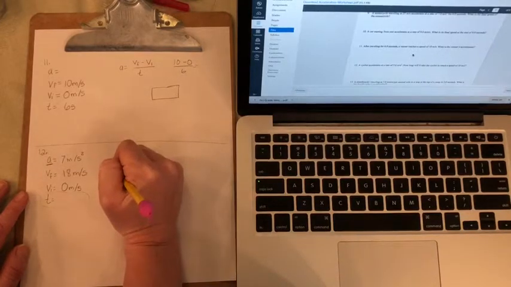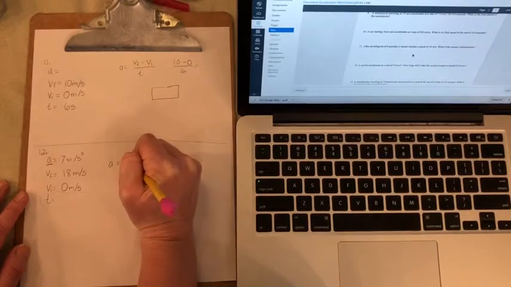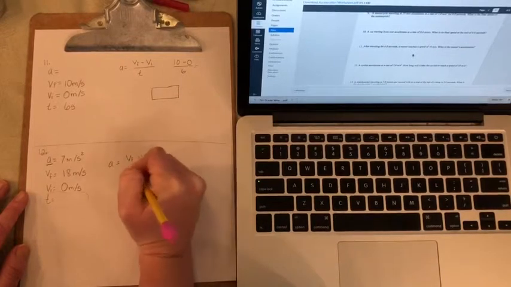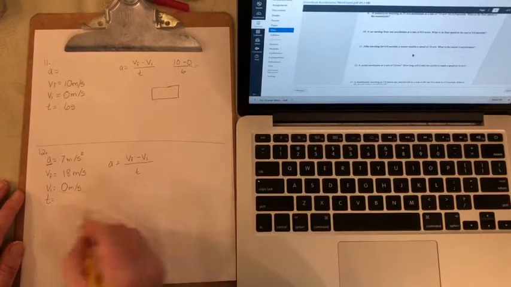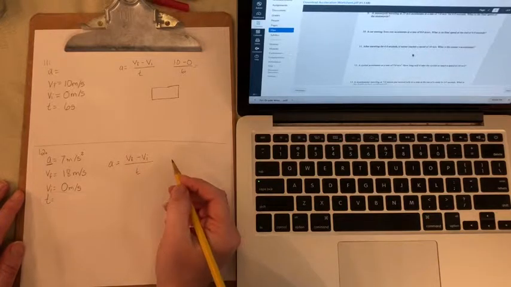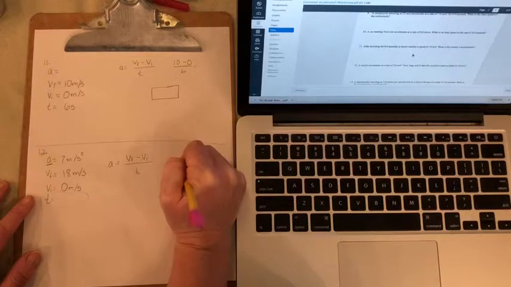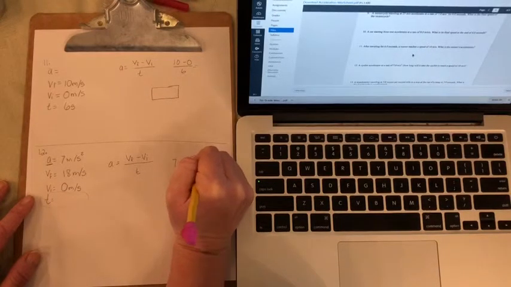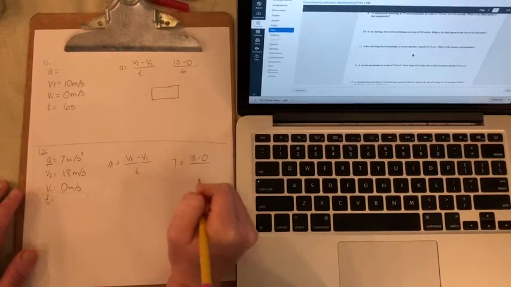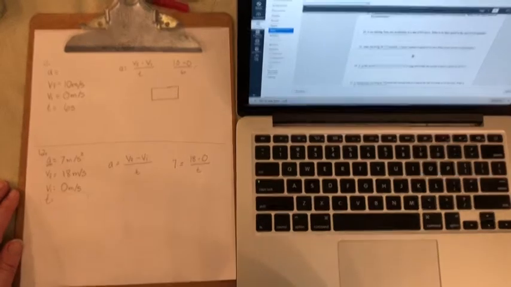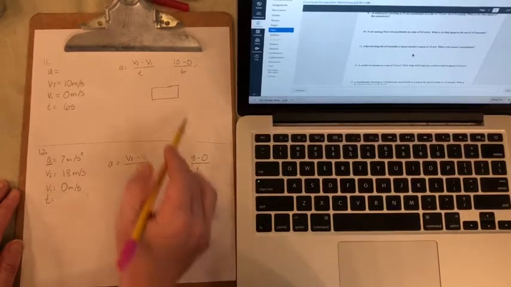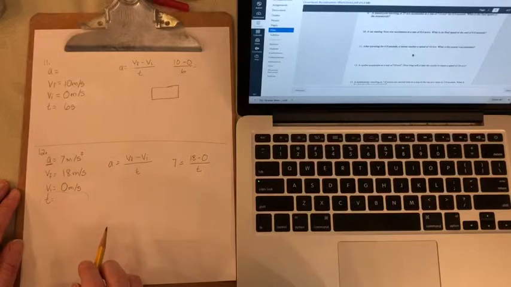So you're going to use the same acceleration equation, V final minus V initial over time. And so you're going to plug these into the equation, and you're going to say 7 equals 18 minus 0, and you're solving for t. Now this one isn't as clean as the last equation.